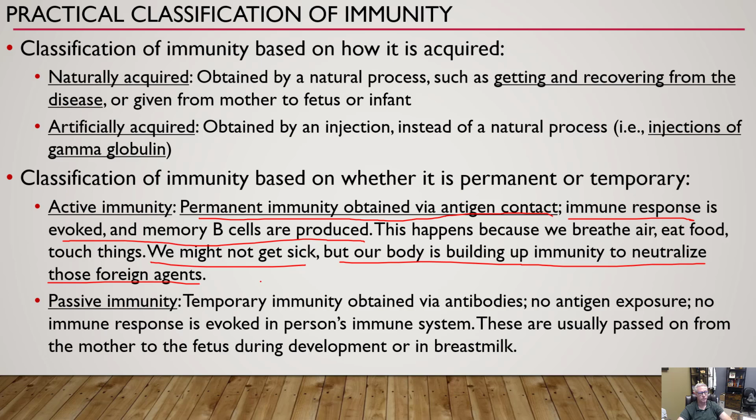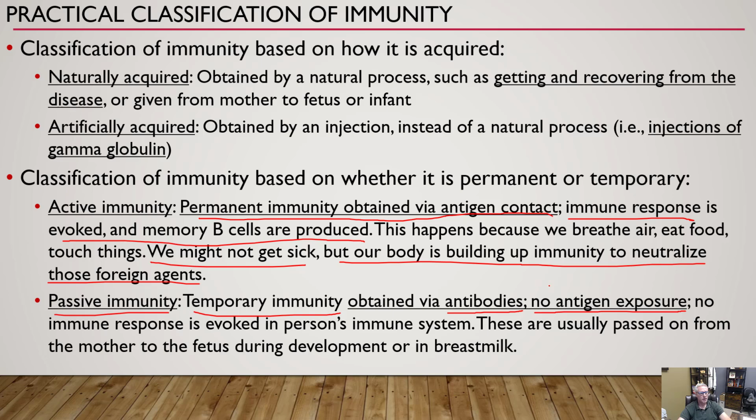Now, passive immunity is temporary. That's usually because we were exposed to the antibodies, not to the antigen itself. And this is usually passed on from the mother to the fetus via breast milk.